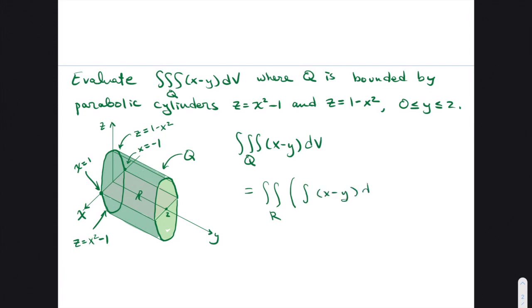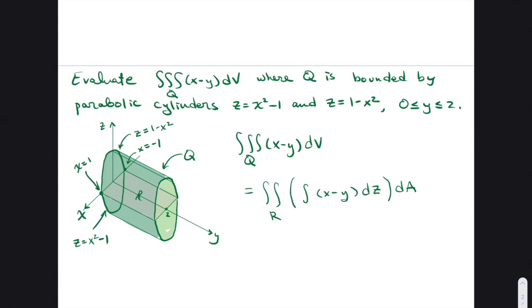This would be dz, and then once that's done, you'll just be doing a double integral, so that'll be over an area differential. But the limits on z will be bottom surface to top surface.